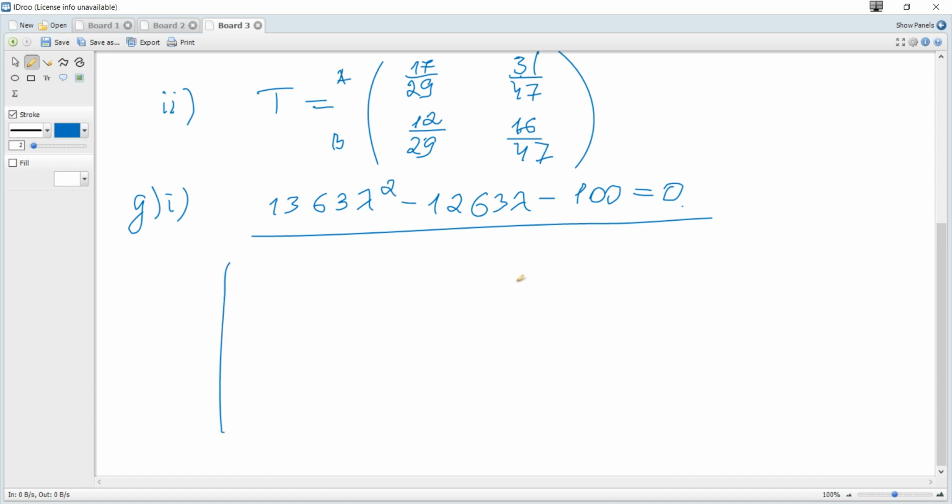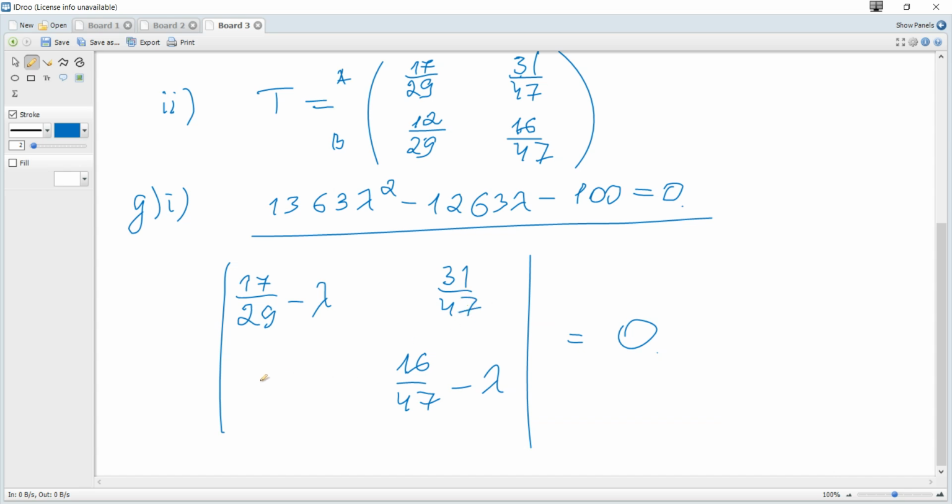On the main diagonal it becomes minus lambda. And the determinant of a 2 by 2 matrix formula is given in the data booklet.